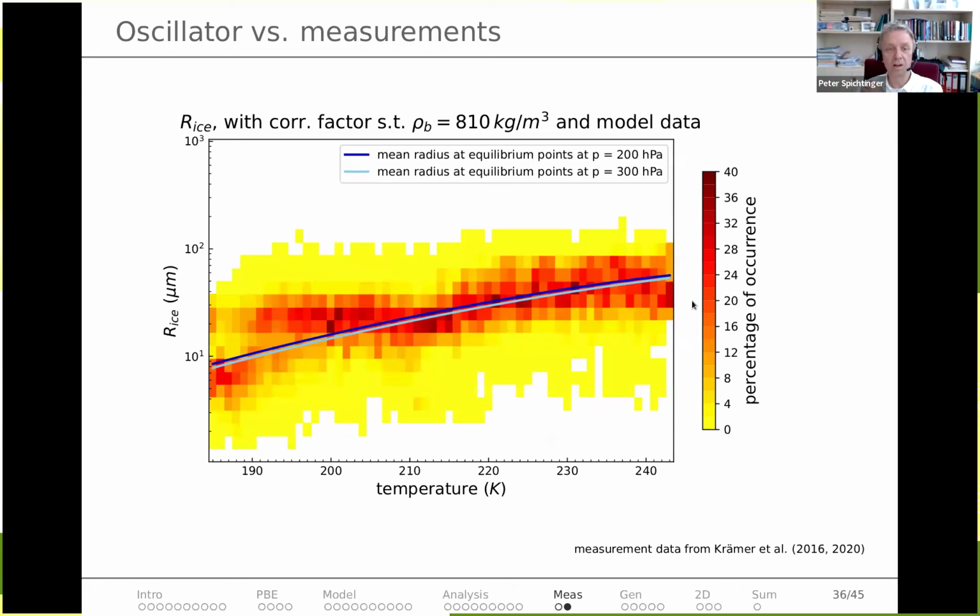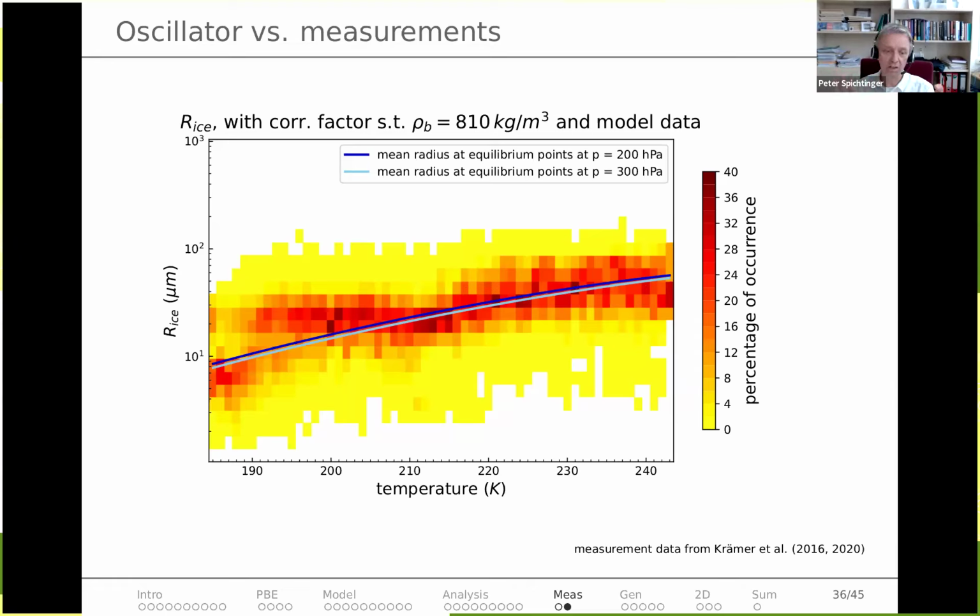And if you go to the mean mass, or to the mean radius, and plot the mean radius at equilibrium points for different pressures, I would not say I fit perfectly, but it's really robust.